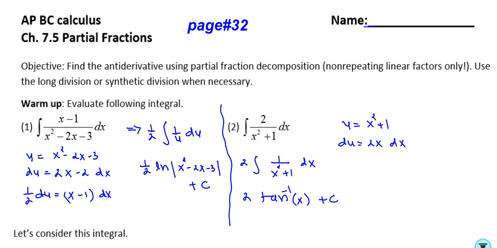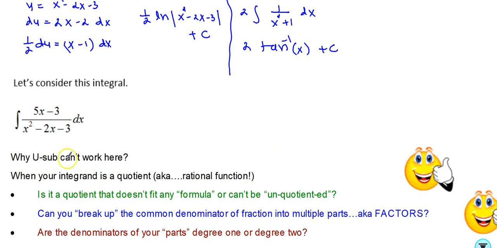So let's consider another integral where 5x minus 3 is in the numerator and the denominator is x squared minus 2x minus 3. Now we have the same denominator as the previous example, but you can see clearly that the numerator has a 5x minus 3, so u-sub does not work.